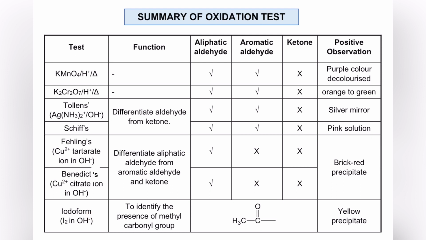So pastikan awak tulis equation dengan betul dan awak tahu purpose untuk setiap chemical test yang kita buat. Except for oxidation, this is not chemical test. This is only reaction. Tapi dia hasilkan observation juga. And then yang mana satu boleh show positive and negative result, you should take a look properly. This is only the summary and you can revise and use this one as a reference when doing the exercise.